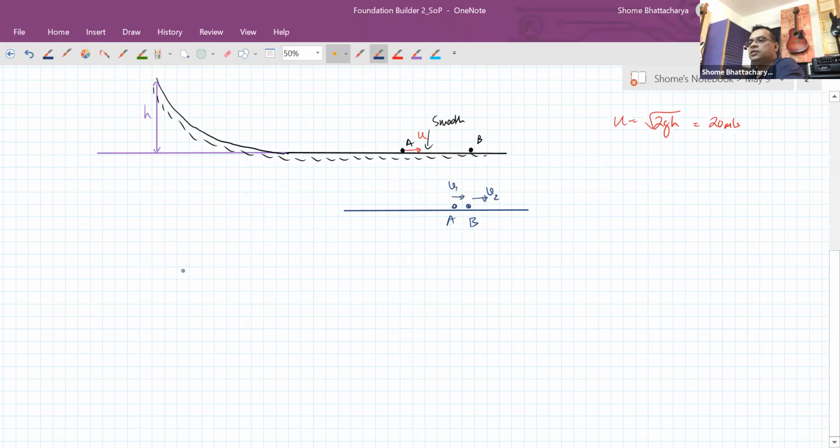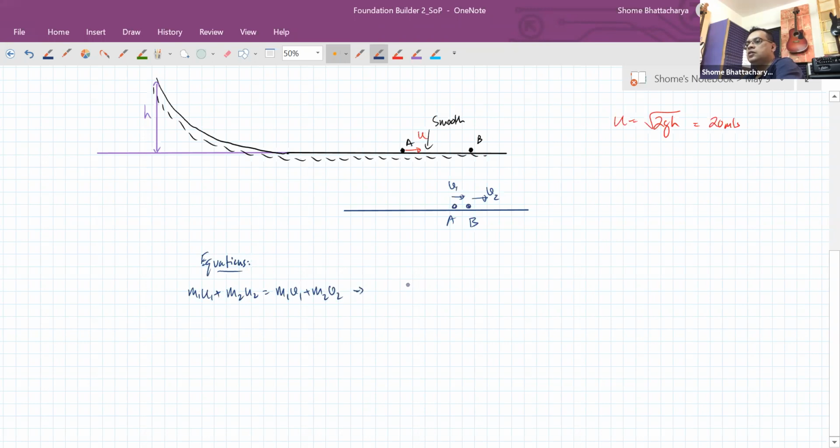So we can either go by the method of equations. So m1 u1 plus m2 u2 is equal to m1 v1 plus m2 v2.